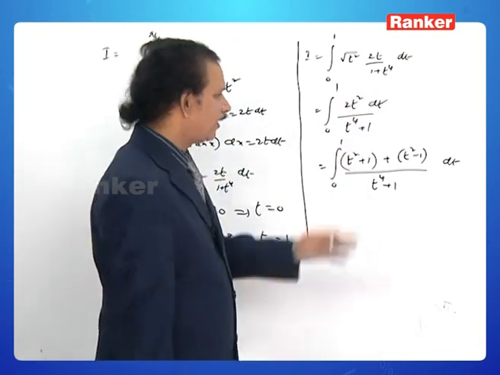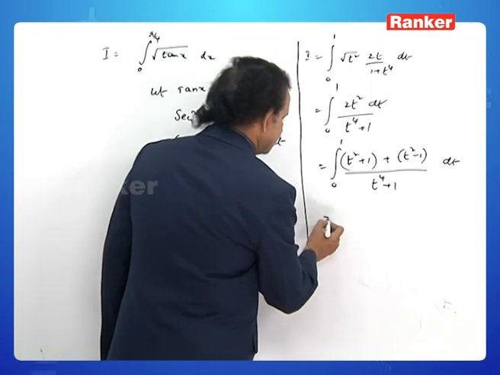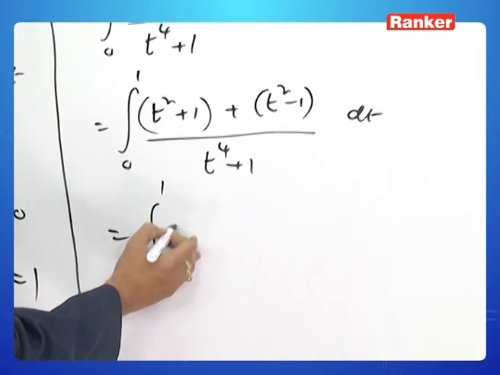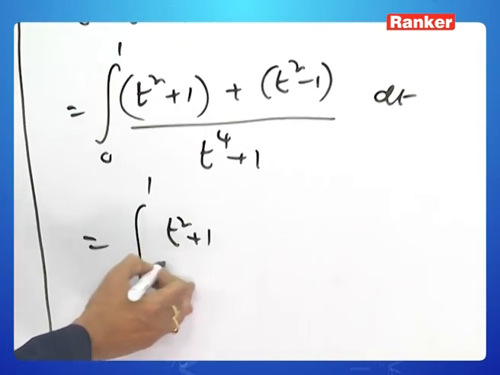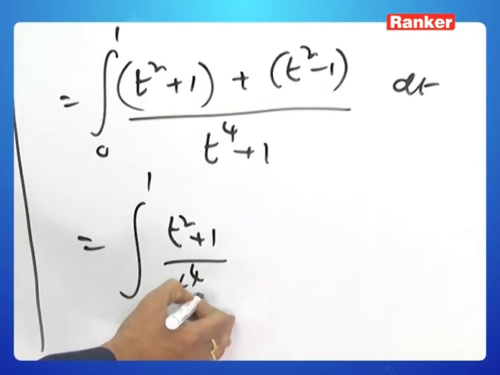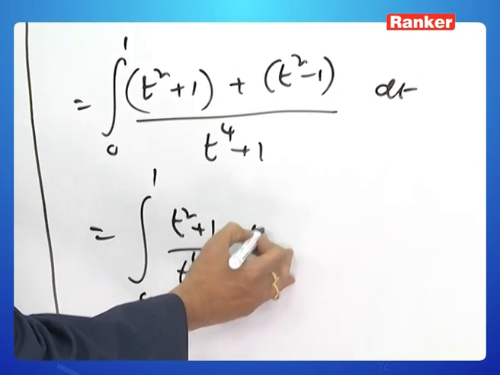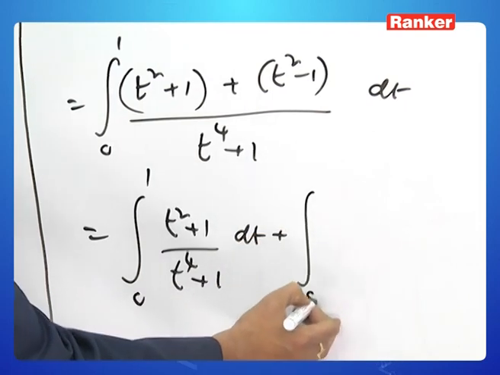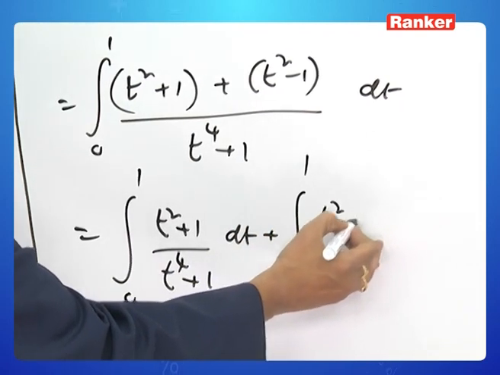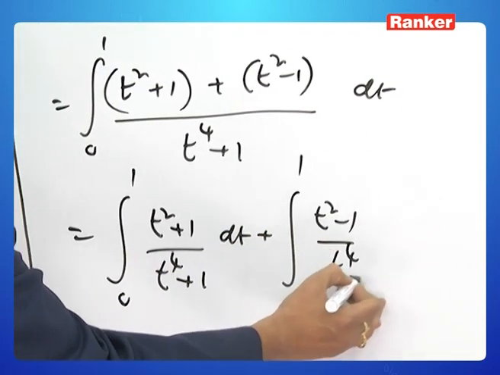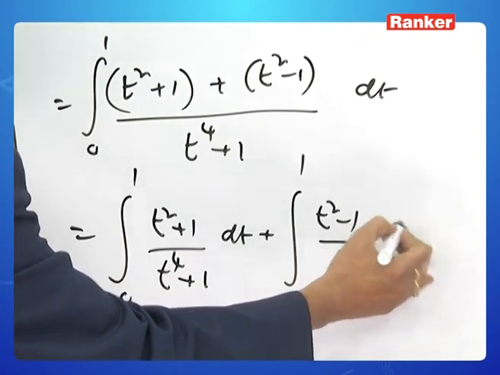Okay. Again, this can be split into two integrals, namely t square plus 1 by t power 4 plus 1 dt plus integral 0 to 1 t square minus 1 by t power 4 plus 1 dt.